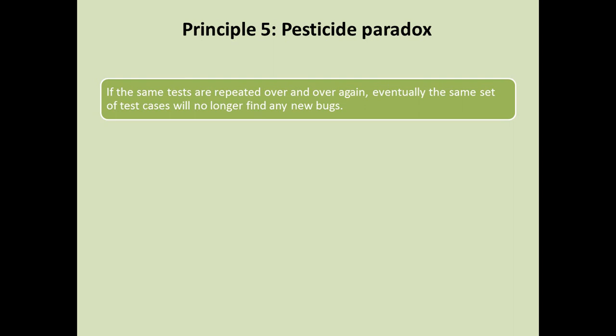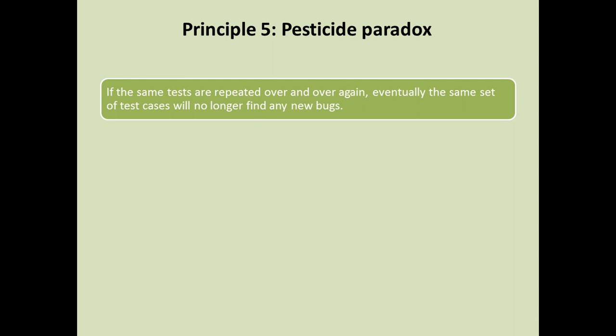It's taken from the actual pesticide. Suppose you are using the same sort of pesticide for agriculture to kill the insects of the crops. Eventually, after 2-3 years, those insects are no longer affected by the same kind of pesticide.